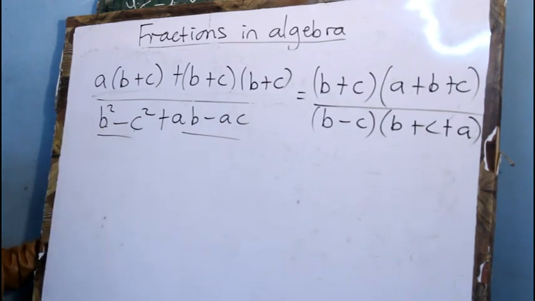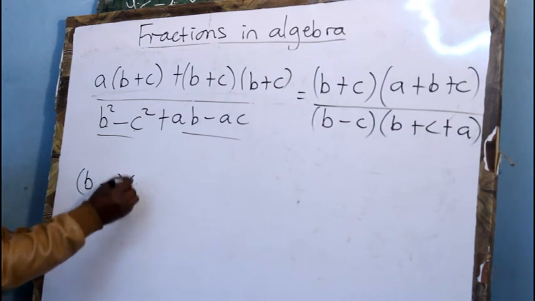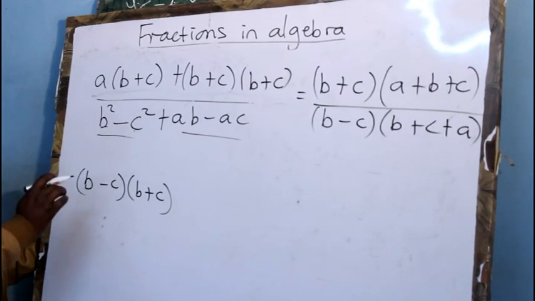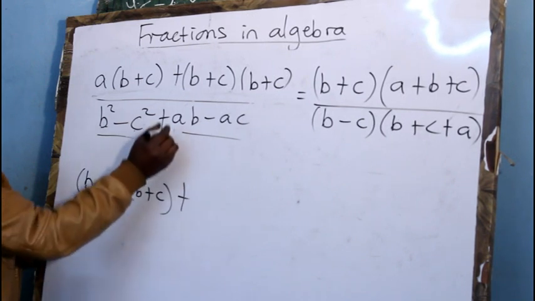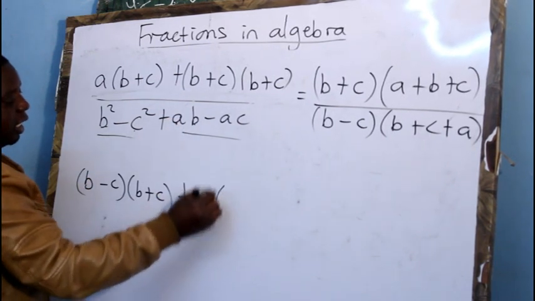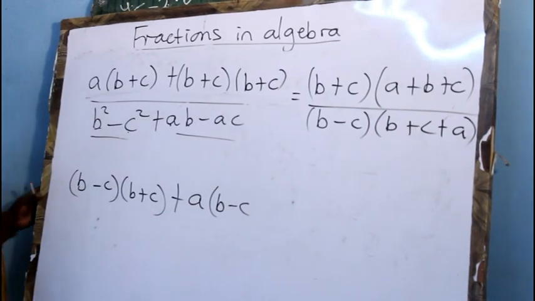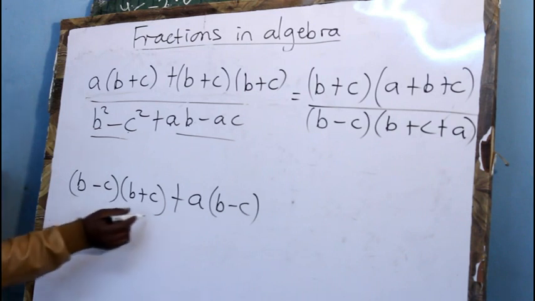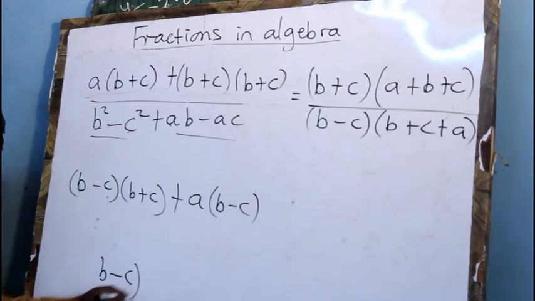This one is a difference of two squares, and it becomes b minus c factor of b plus c, which is b squared minus c squared. Then plus a: we factor out a in bracket b minus c, so we have developed a new common factor, b minus c. So we factor out b minus c here.